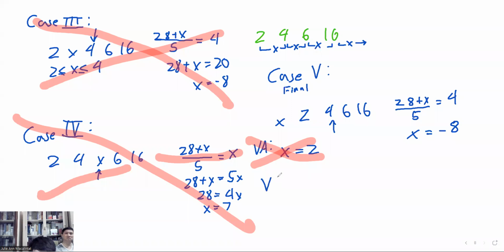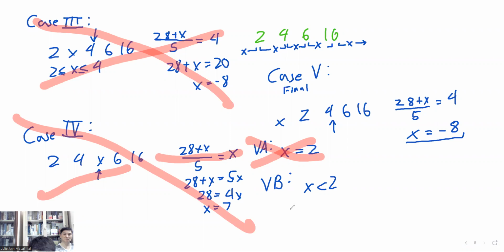But when we go to the next case, I will put in our discoveries. What happens when x is strictly less than 2? Then this is not a violation because -8 is obviously less than 2.